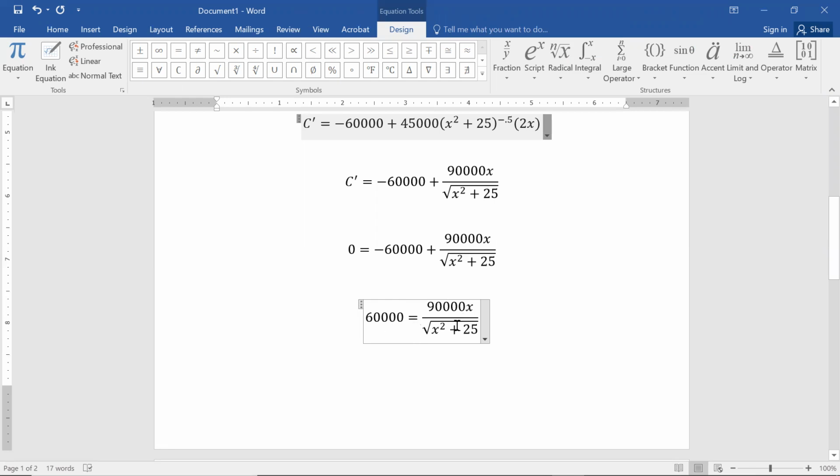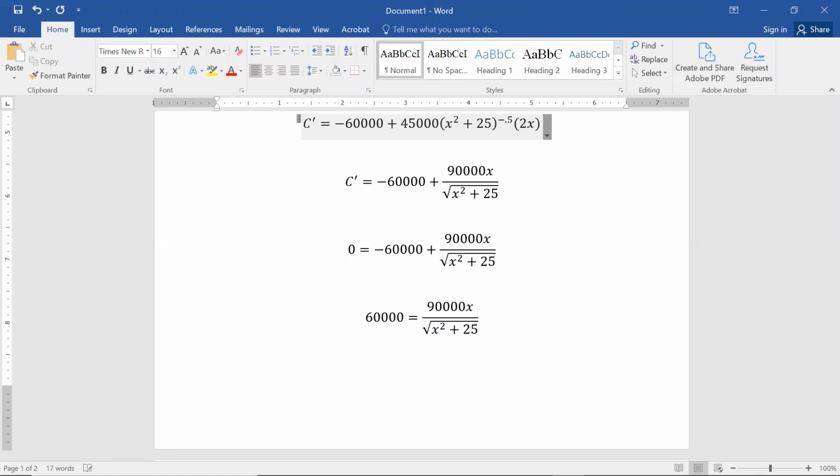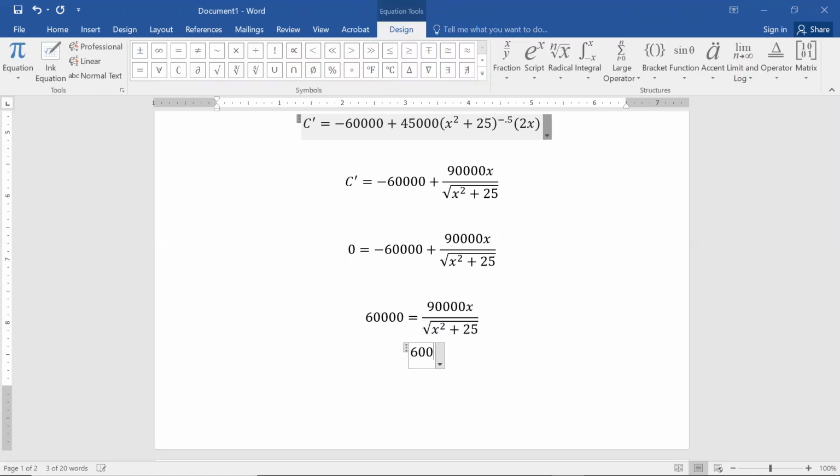I'm going to do one other step before I square both sides. I'm going to multiply by this square root on both sides. That's going to give me 60,000 times the square root of x squared plus 25 equals 90,000 x.